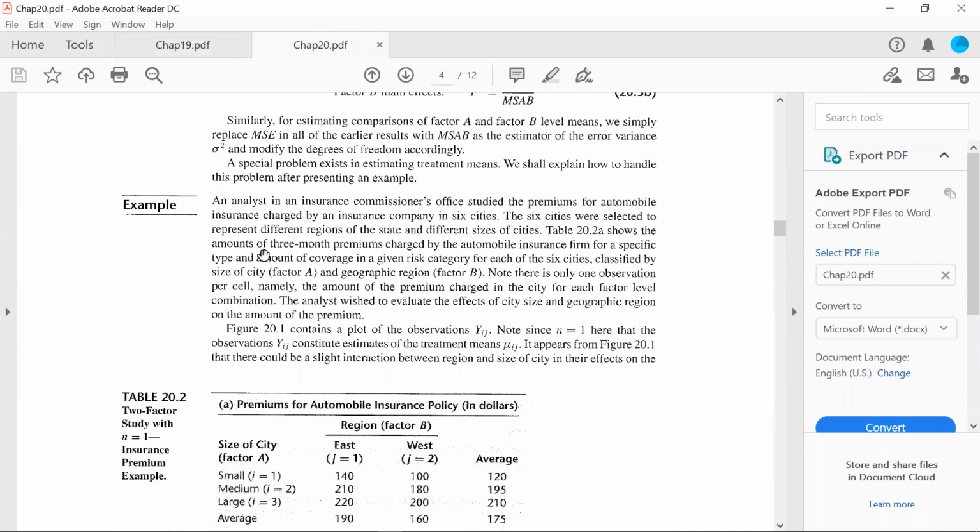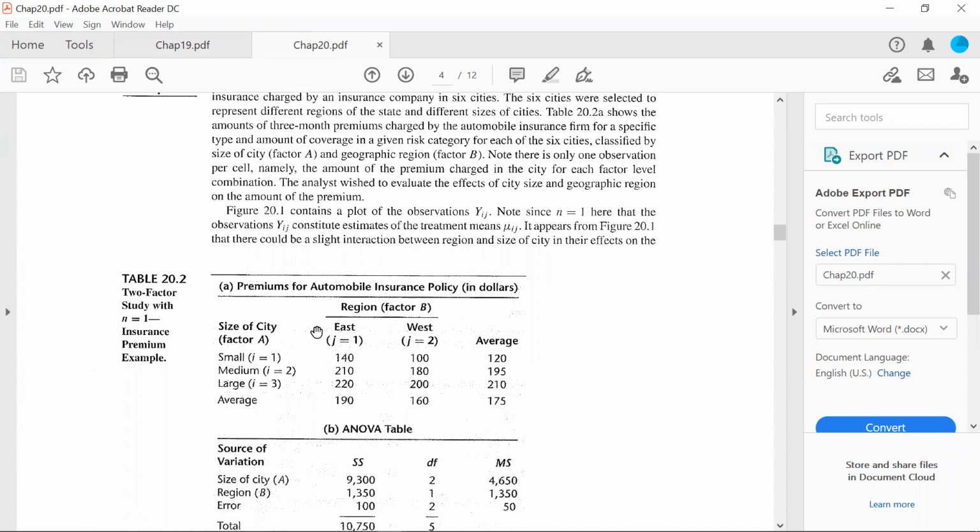So on page 882, analysts in an insurance commissioner's office study premiums for automobile insurance charged by insurance companies in 6 cities. The 6 cities were selected to represent different regions and different sizes of city. So we have east, west, and small, medium, large.